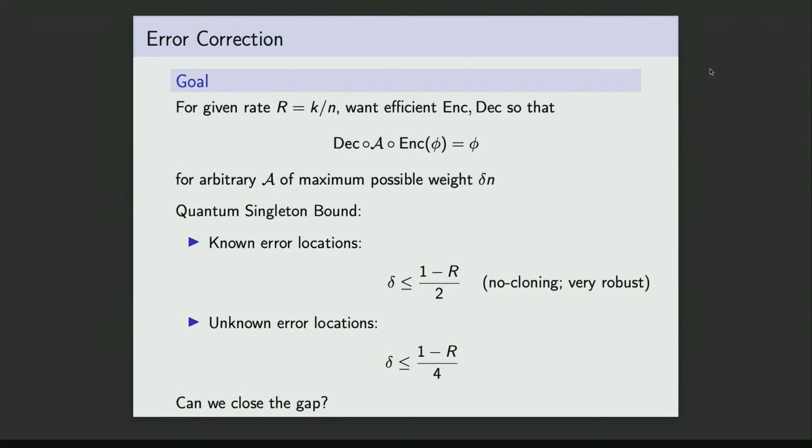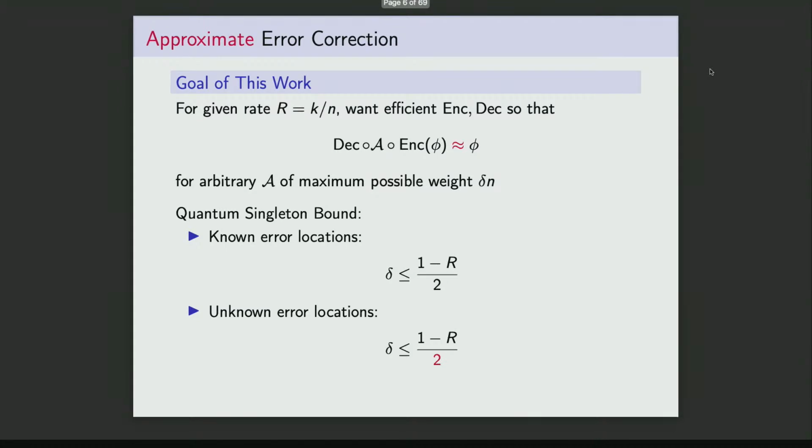So the question we'll ask in this talk is, can we close the gap? Can we find some relaxation of error correction where, for errors at unknown locations, we can actually recover from (1 minus r) over 2 fraction of the errors? The approach we'll take here is to relax to approximate error correction. Before, with exact error correction, we wanted to precisely recover the unique state.